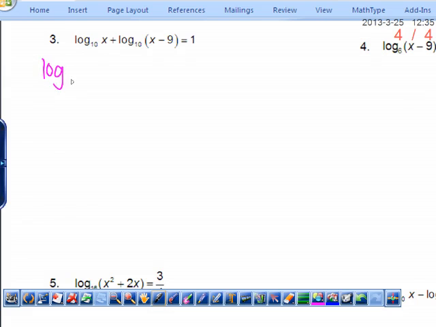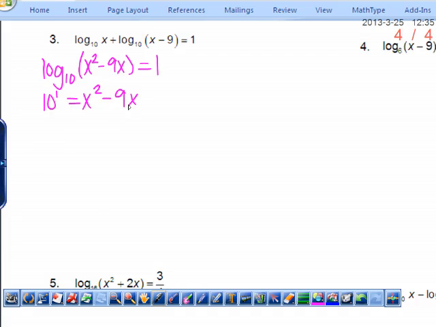I'm going to have log base 10 of what? Good. Is equal to 1. How would I rewrite that? Good. Rewrite it as an exponential. 10 to the first is just 10.